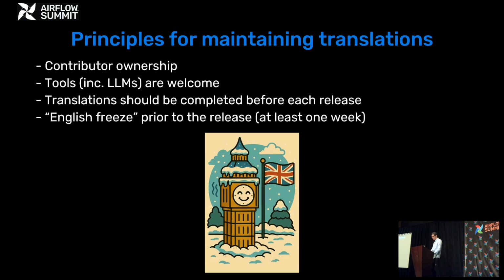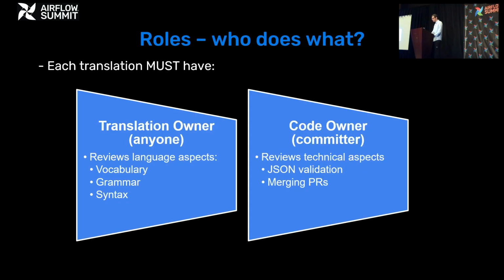To deal with that, we invented the English freeze. At least 1 week before the release, we will avoid making changes in the English translation, maybe with some exceptions, but eventually it should help you to keep up. Now let's talk about ownership.